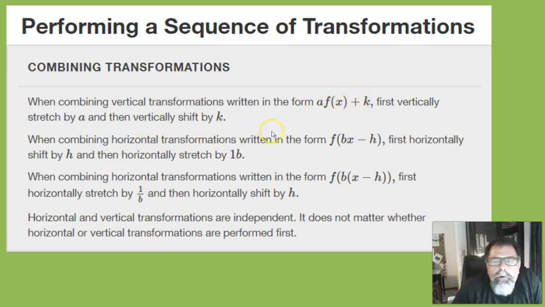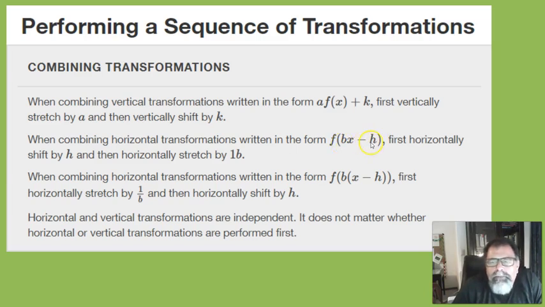If you do it with the horizontal transformations, put the x in first, you're going to multiply by b first, and then subtract h. So you do the horizontal shifting, right? The stretch or compression. Oh, they're doing it backwards, the way it's written, right? You're going to do this first, and because remember it has the opposite effect, you're going to do the plus h and then divide by b.